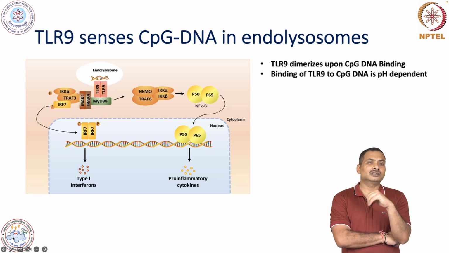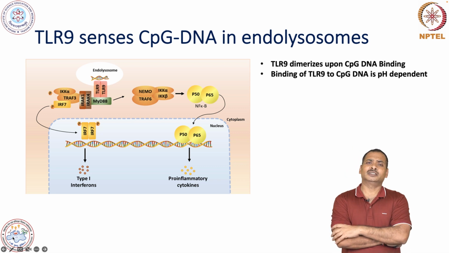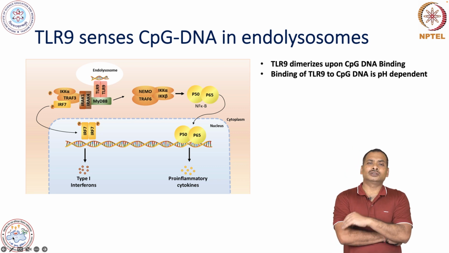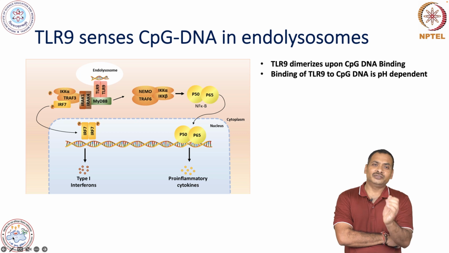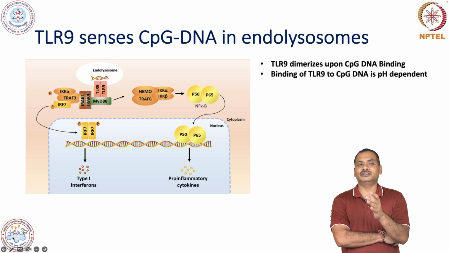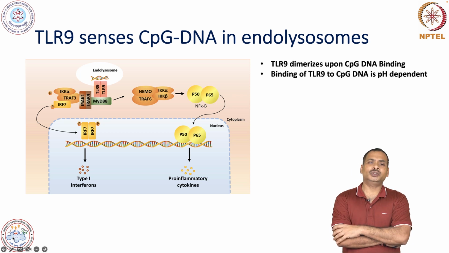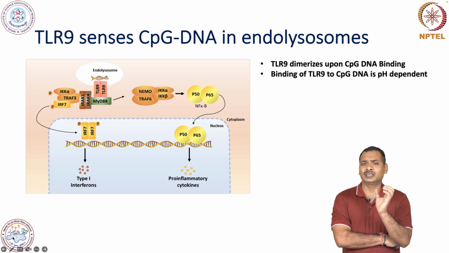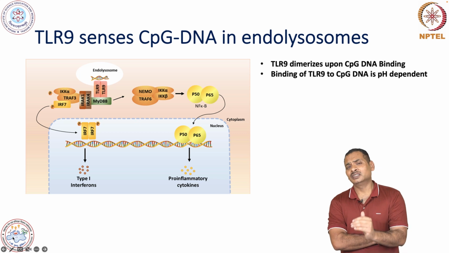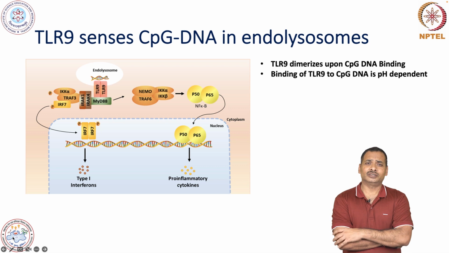The whole naive receptor itself is not able to sense CpG DNA. So, before sensing it undergoes cleavage by cathepsin family proteases, and upon sensing, you know that this will activate NF-kappa B through the IKK pathway. IKK kinase will be activated, and then this will activate NF-kappa B to induce pro-inflammatory cytokines.